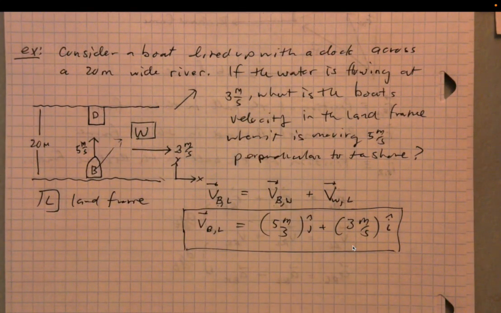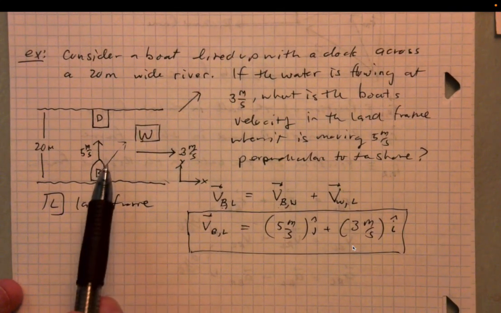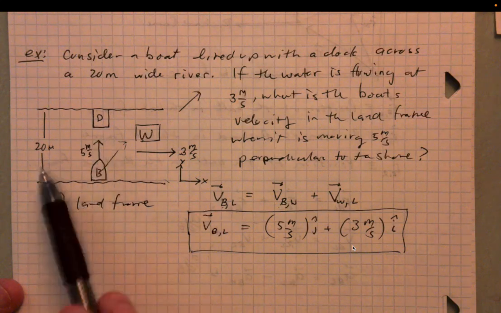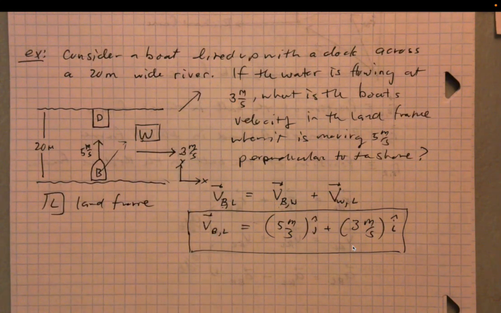So 3i plus 5j, basically. All right. Okay, so that's the first part of the question. This sets up how you've got velocity in the water frame, also velocity in the land frame. You combine those things to get the velocity of the boat in the land frame.